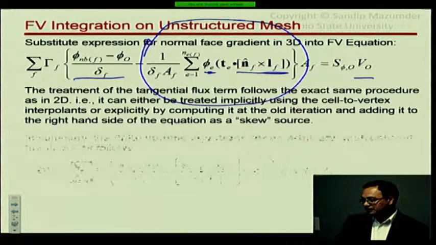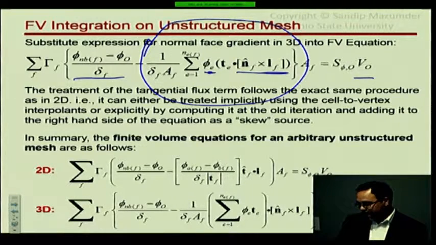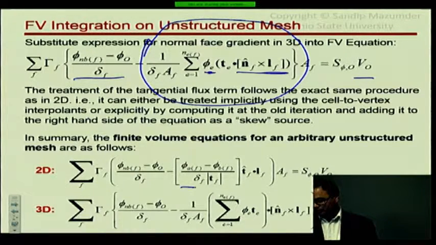So that's your final summary, the 2D equation and the 3D equation. The expressions are slightly different. This one, as you can see, is slightly simpler. Here you have to do more calculations in 3D.